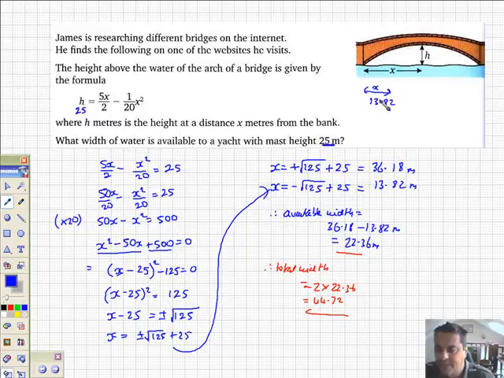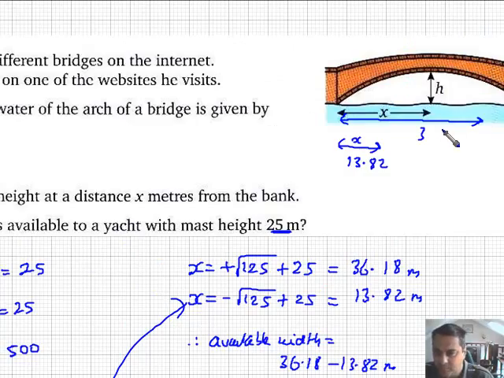My 13.82 from the bank is an x value, and my 36.18 is my other x value, because it's a quadratic equation. In other words, I'll be 13.82 from one side and not crash, or 36.18 from the same side and not crash. Is that alright?